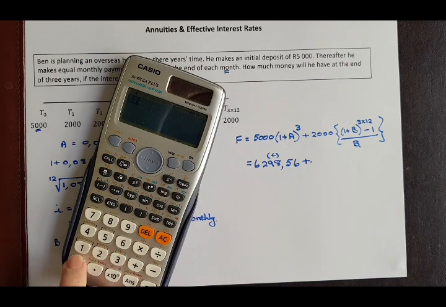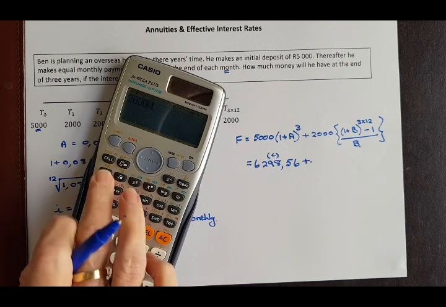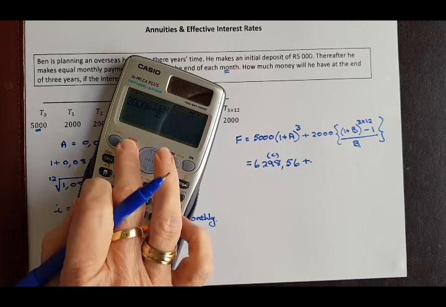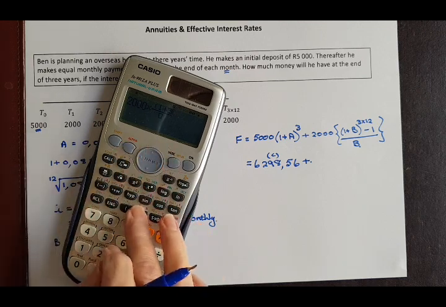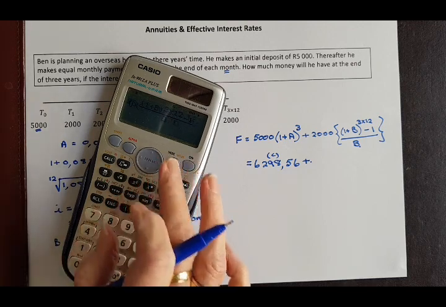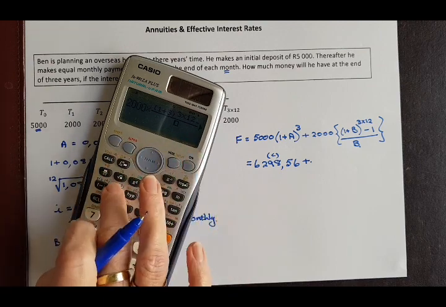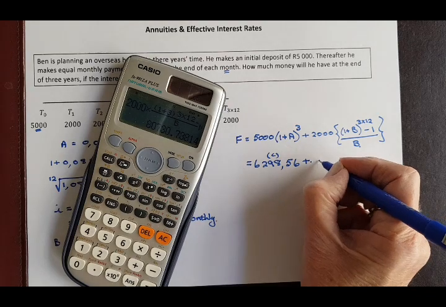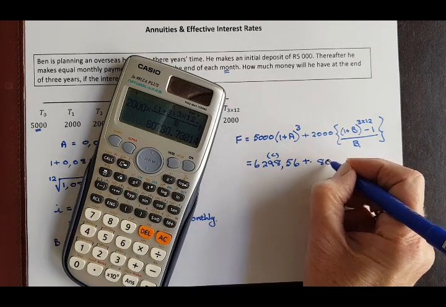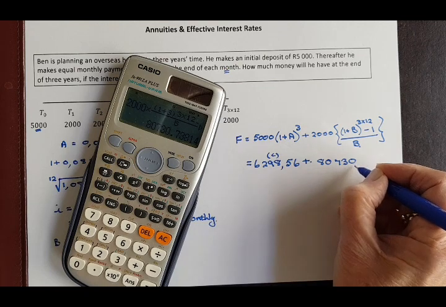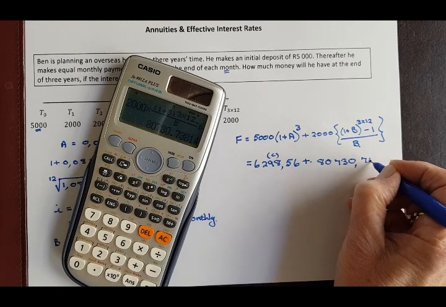Then we have our 2,000 multiplied by, open bracket, 1 plus alpha b, close bracket, raised to the power of 3 times 12, minus 1, divided by alpha b, equals. And we have 80730 and 74 cents.